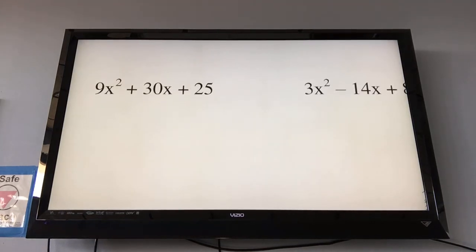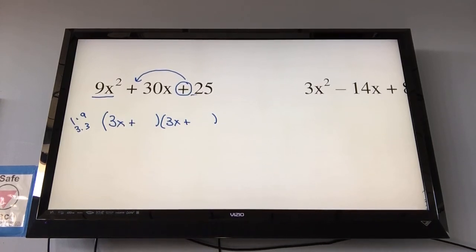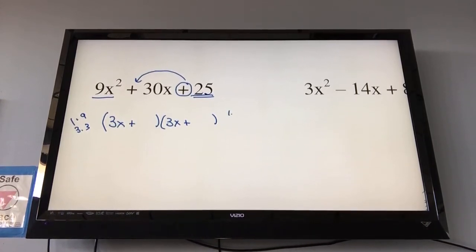Okay, 2 more here. Common factor to everything, no. So 3 terms is trial and error. 9x squared, 2 choices. I like 3 and 3 best. Positive at the end means same sign, look to the middle. So plus plus. 25 has 2 choices as well.